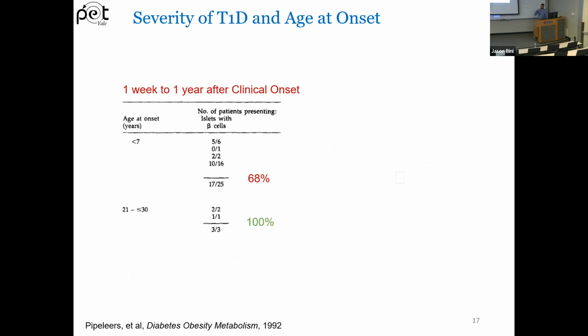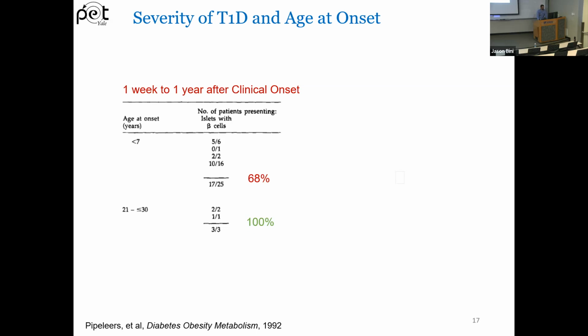And getting into an age at onset discussion, because for a while it was considered that the duration of diabetes was more important to the beta cell mass, whereas it's now more thought that the younger the patient is when they first present symptoms, the worse off the drop off is going to be, the more precipitous.